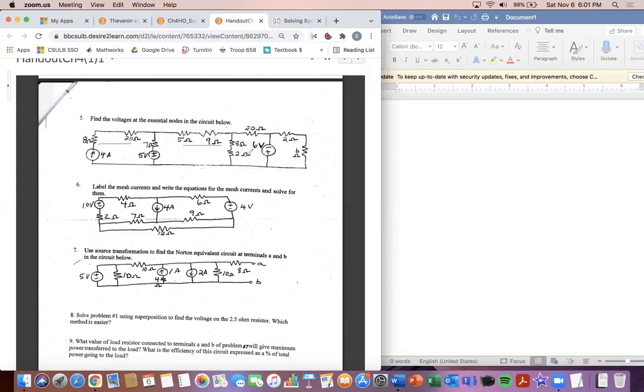And look, this 2 is in series with the 6. So just simplify it like, whoa, 1, 2, 3, 4 simplifications. So this circuit's going to look something like this. So 1 up here, 1 down here. And right here.